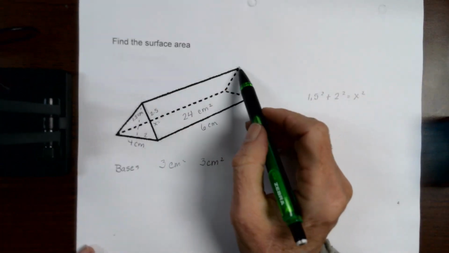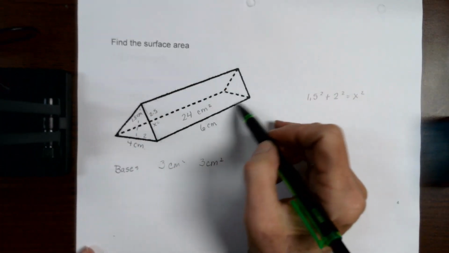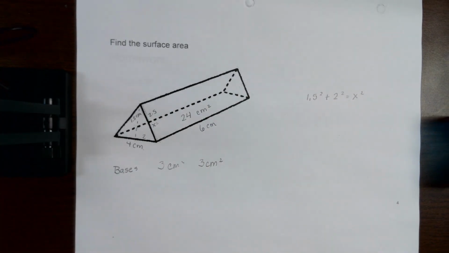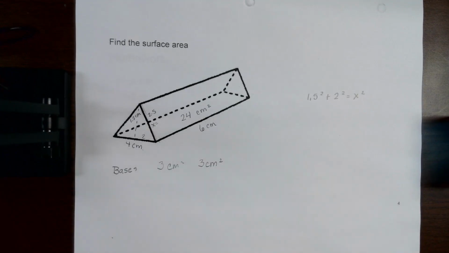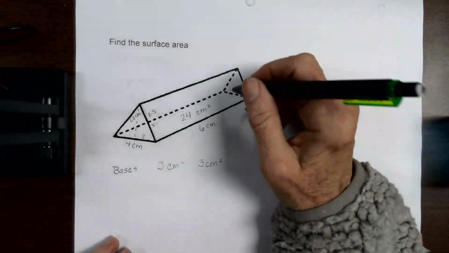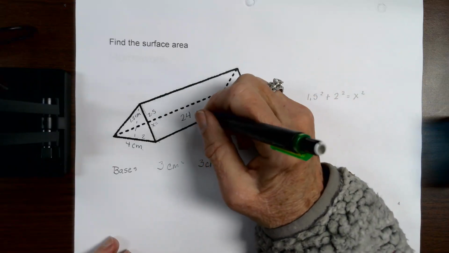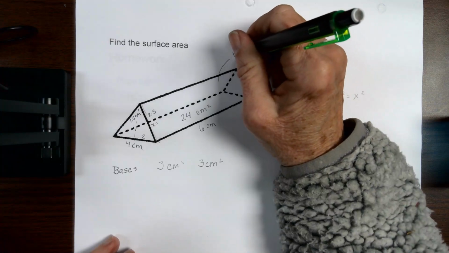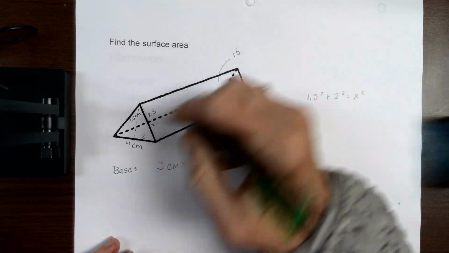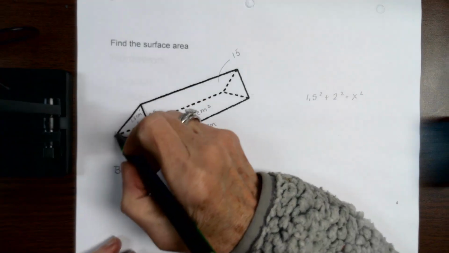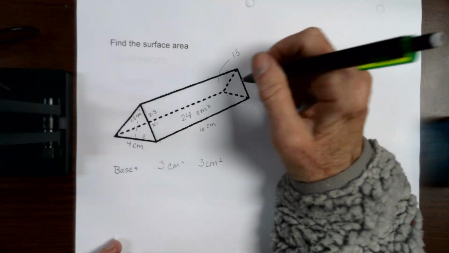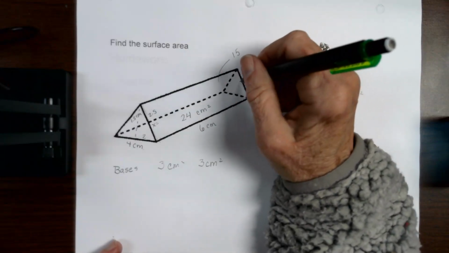So now I can do this front right here. I have 2.5 times my 6, so that's going to be 15. The bottom is 24. This front is 15, and the back is going to be the same, because that's 2.5 and 6.